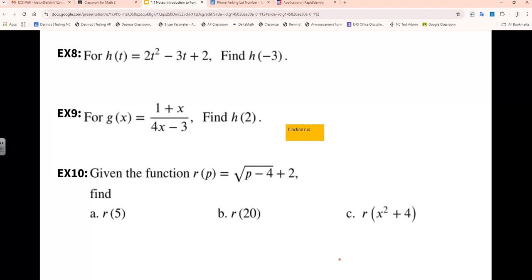I got negative 7. What do you mean? From this right here. You got exponents first.